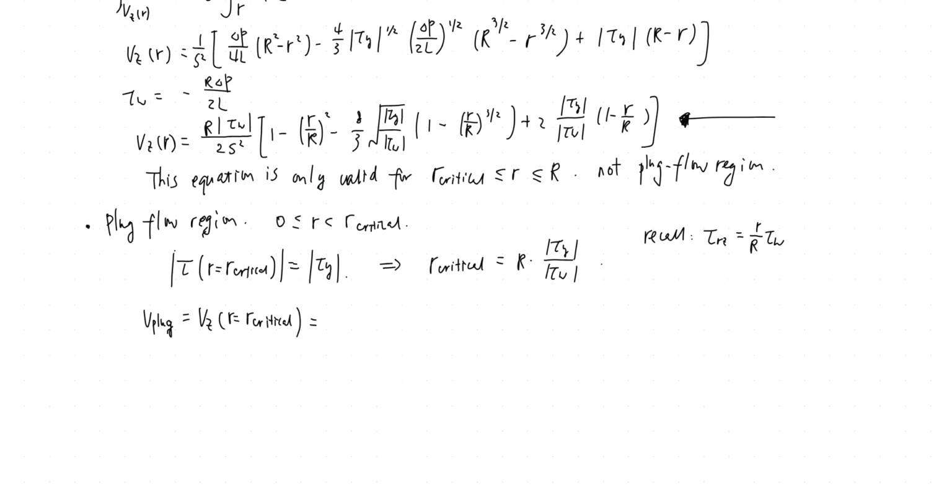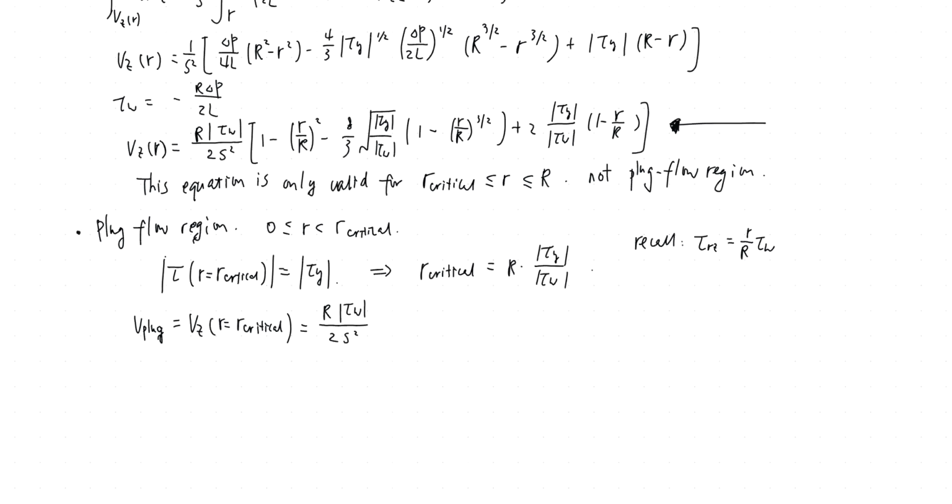So you can get the V plug equals R tau W divided by 2S squared.